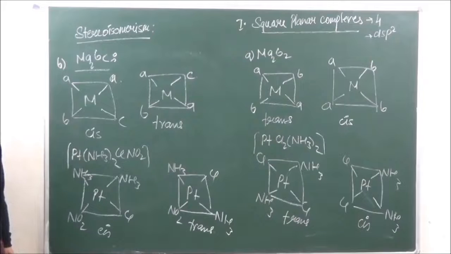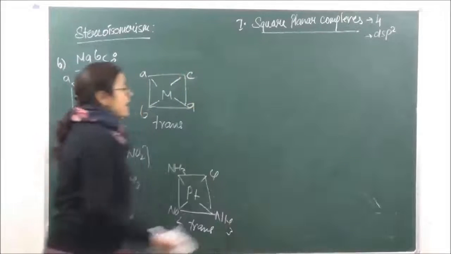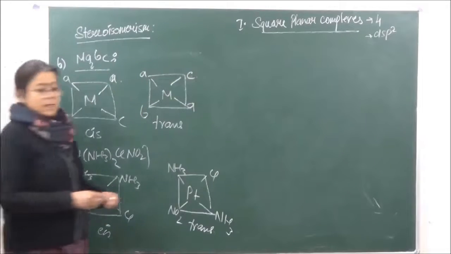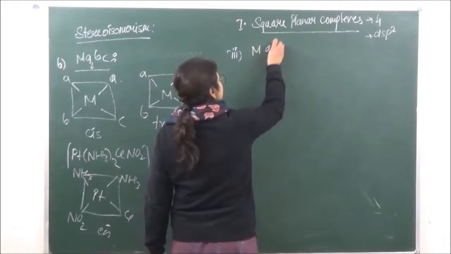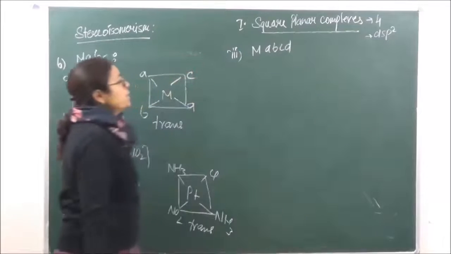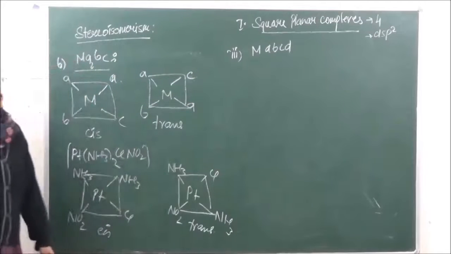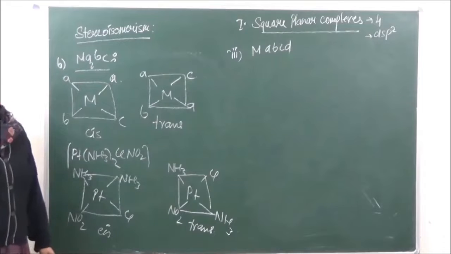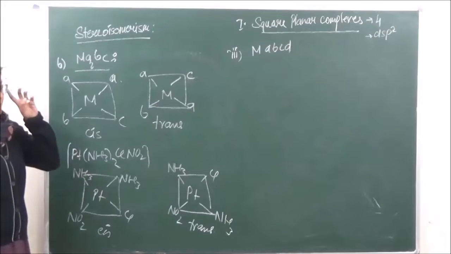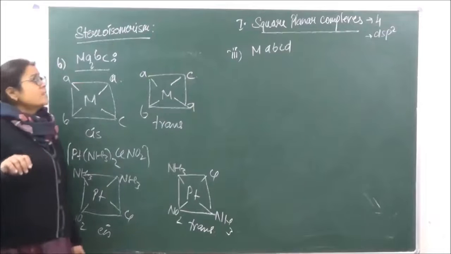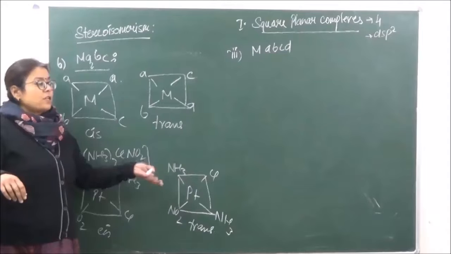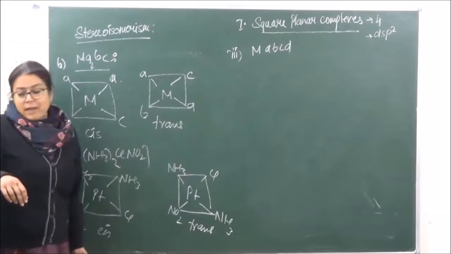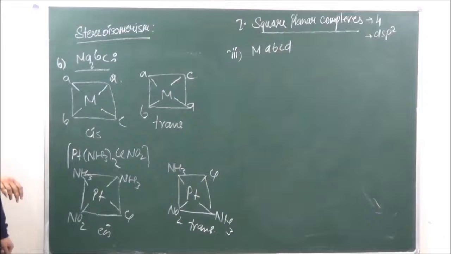Now over here, complexes of the formula MABCD. If you are having complexes like MABCD, over here you cannot really pinpoint the cis and trans isomer, because all the ligands are going to be different. But it can possibly have 3 different geometrical isomers in which the positions of A, B and C keep on changing, right?